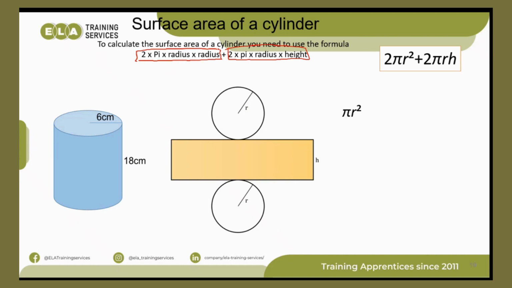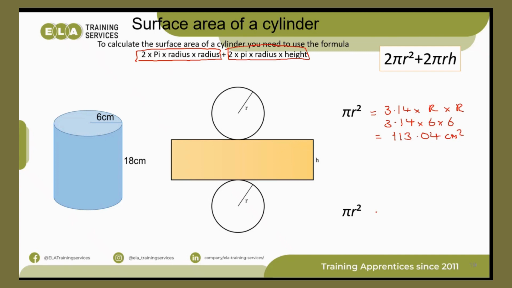So we're going to do pi r squared first. So we're going to do 3.14 times radius squared. So 3.14 times 6 squared, which gives us 113.04 centimetres squared.